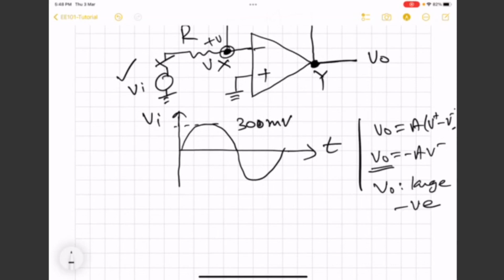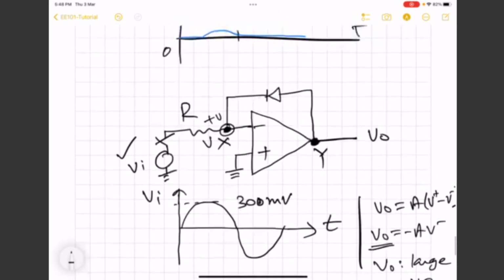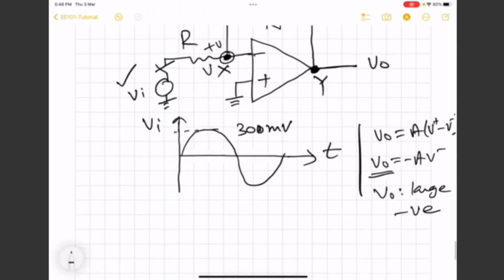So as soon as you close this switch, that means the input is applied, we have this scenario: a positive voltage at the cathode and negative voltage at the anode of this diode. So this diode becomes reverse biased. So it is reverse biased in the entire positive half.